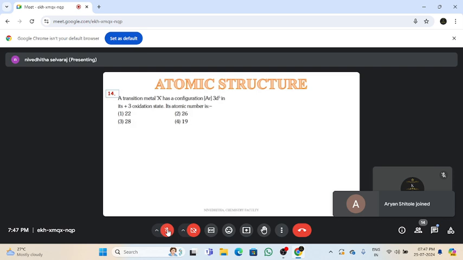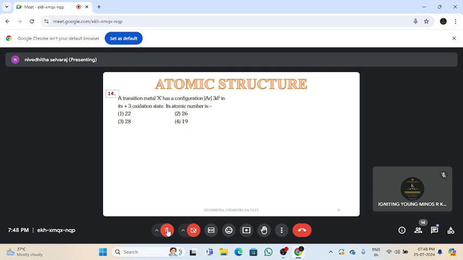A transition metal X has a configuration of argon 3d5 in its plus 3 oxidation state.